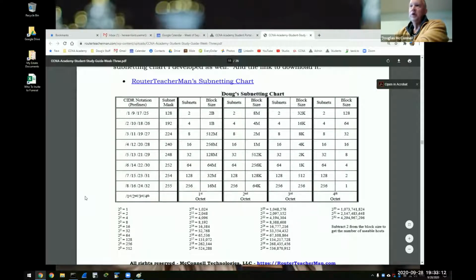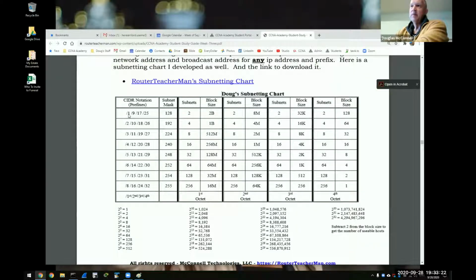I also give you the decimal value in that first position. So in the first octet with 1 bit on, the first octet is going to be 128. If all these bits are on in the first octet, that's 255, right?